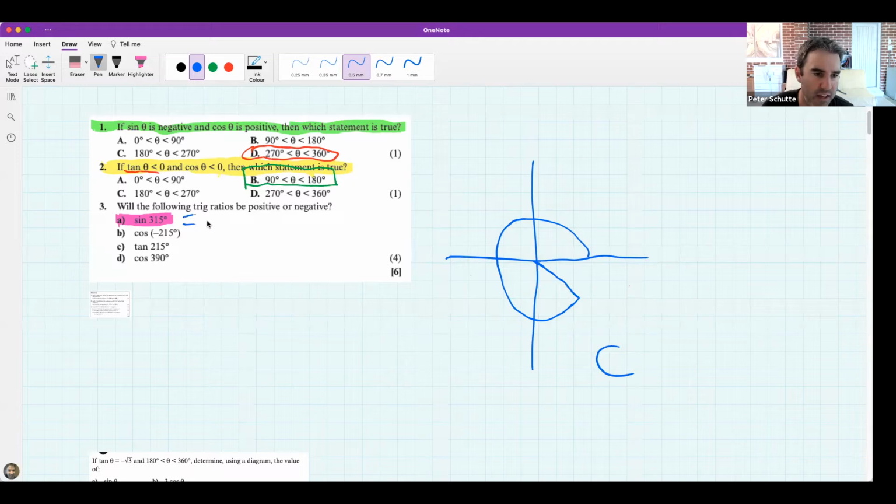So this will end up being negative. Okay, step 1. Step 2, I want to now use the reduction formula to reduce the sine of 315 to an equivalent expression. Using what we learned earlier in the lesson, what is the sine of 315 going to be? It's going to be negative something. But what is that something going to be?